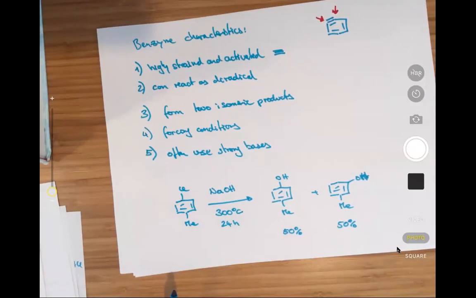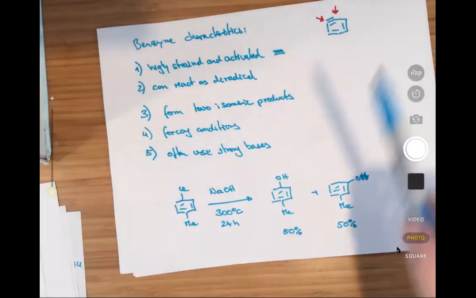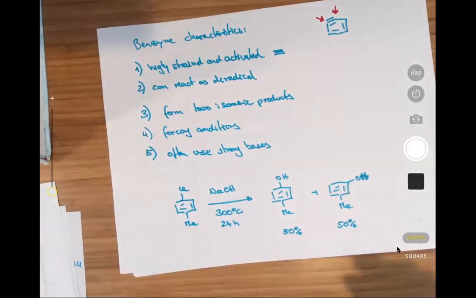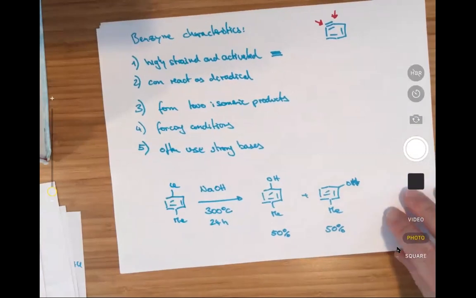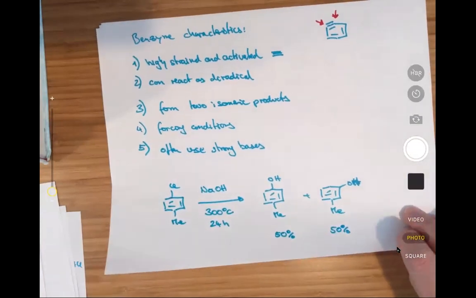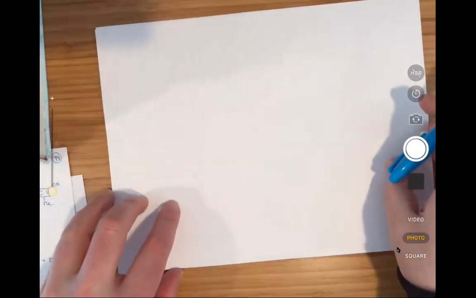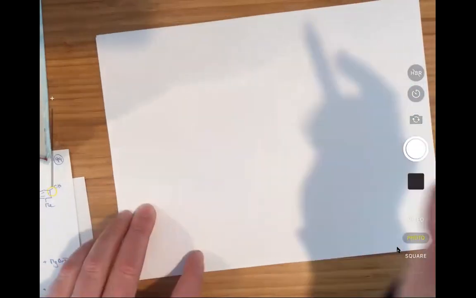So practically, there have been many other ways developed to generate a high energy intermediate benzyne in a reaction. I just want to go through a couple of examples that illustrate this. And they are also very characteristic of benzyne chemistry. So anytime you see something like that, your alarms should go off, right?